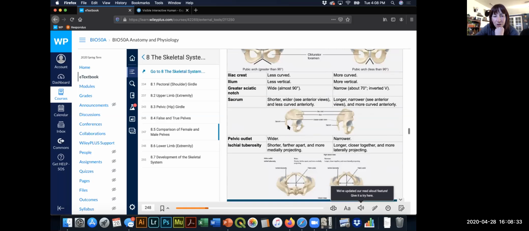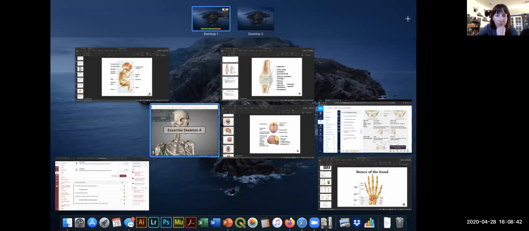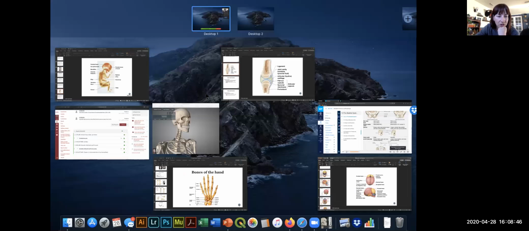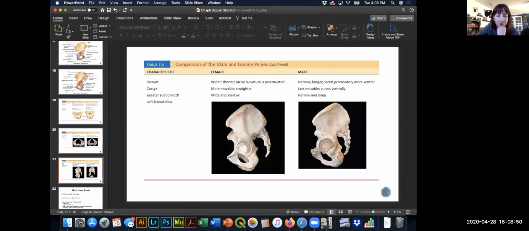You might also want to note that from a lateral perspective, this isn't even a very good picture of this, but let's see if I've got a better one. This picture right here.